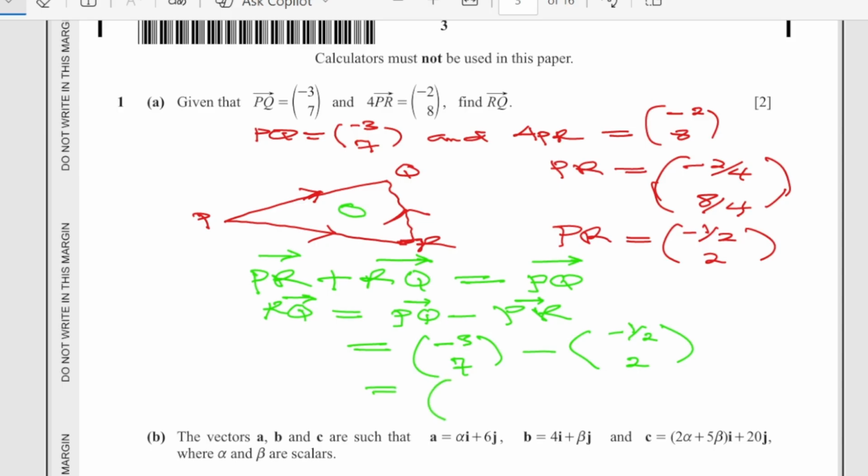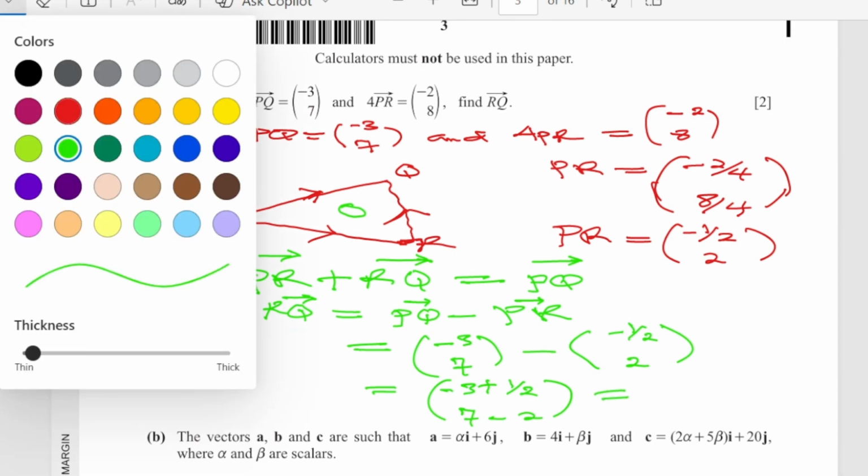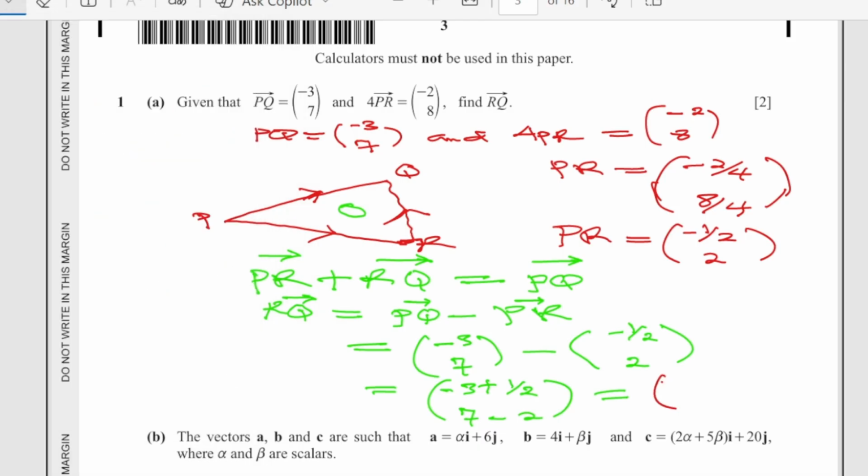So by subtraction, this will be -3, minus times minus here will be plus 1/2, so this is 7 minus 2. Then the final answer will be -3 plus a half, which gives me -2.5, and 7 minus 2 gives me 5. So the answer to the question is the column vector of -2.5, 5.